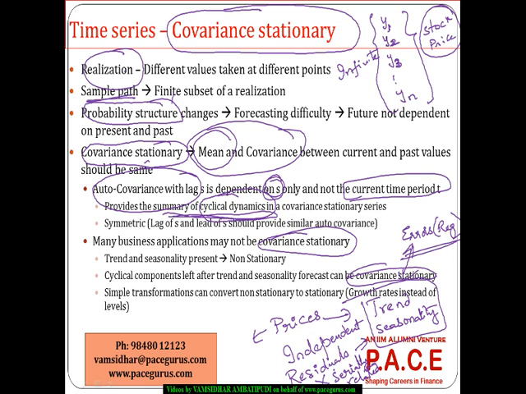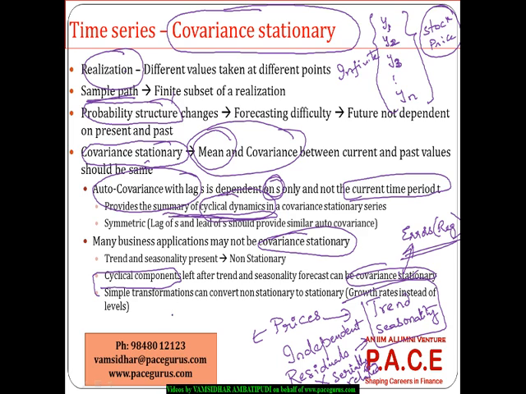Their correlation may be zero, but they may not be independent of each other. So by understanding the component left after forecasting the trend and seasonality, we can get into the understanding of the cyclical component.